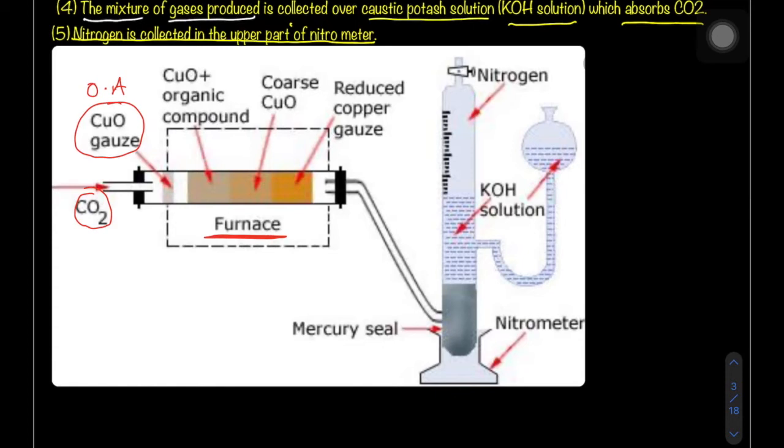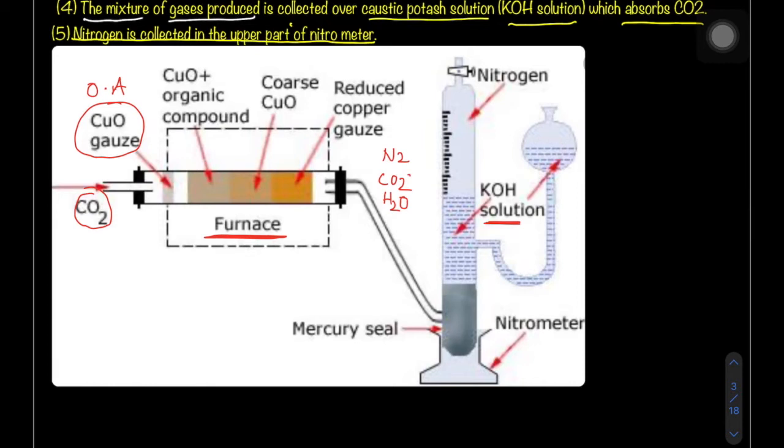This cupric oxide acts as an oxidizing agent, which oxidizes the organic compound. So after complete oxidation, what happens? Number one, CO2 will be produced. Number two, water vapor will be produced. Number three, nitrogen gas will be produced. Now these three gaseous mixtures are sent into the KOH solution.